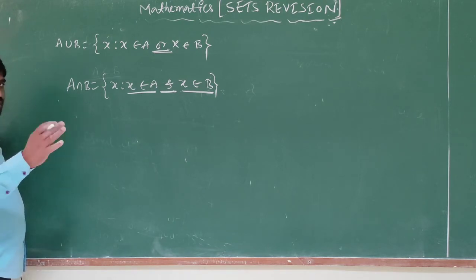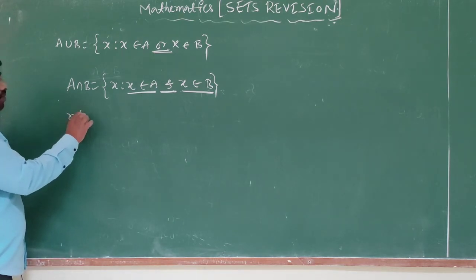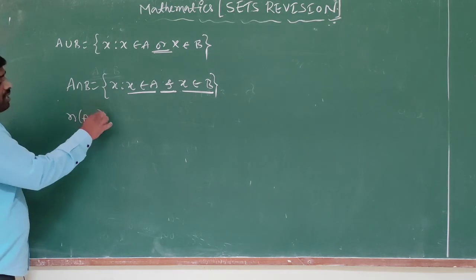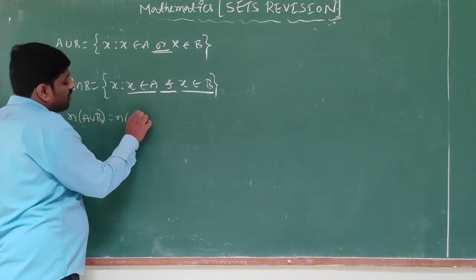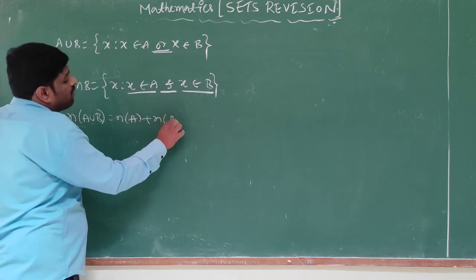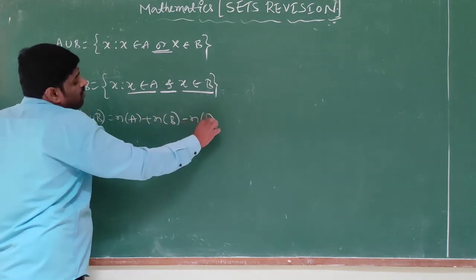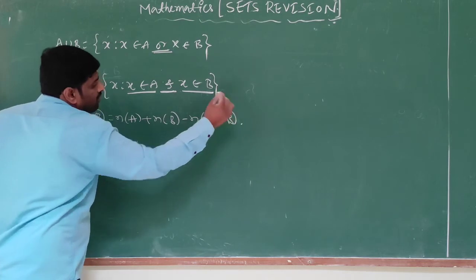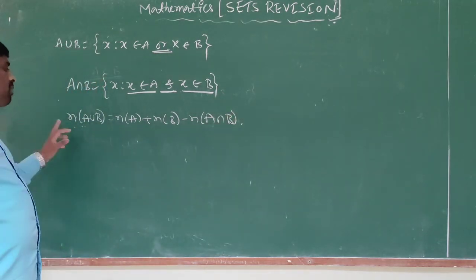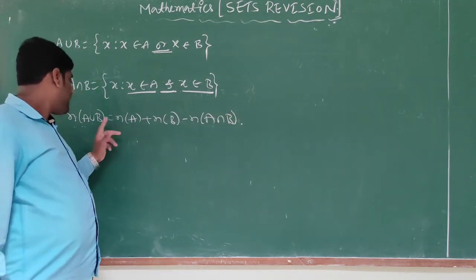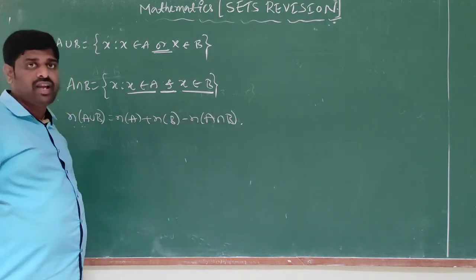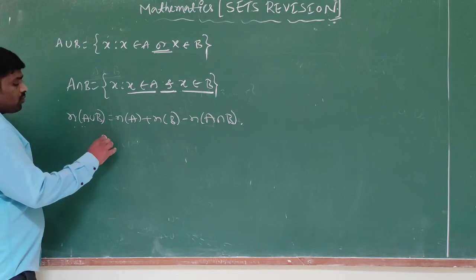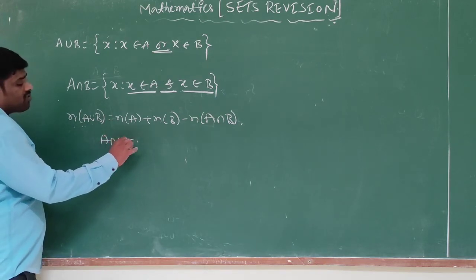I already discussed the problems. So we have to recall one formula: if A and B are two sets, N of A union B is equal to N of A plus N of B minus N of A intersection B. Suppose here A and B are disjoint.